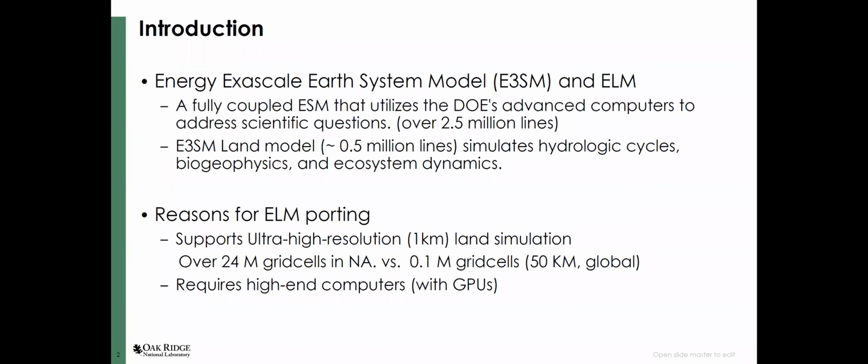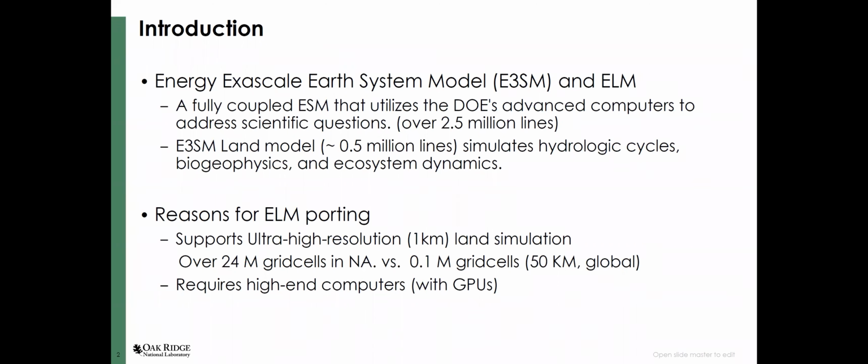To give a general idea of how big this simulation is computationally compared to the current state of the art high resolution land simulation: the current simulation we're using is roughly 50 kilometers by 50 kilometers resolution around the globe, which is around 0.1 million grid cells. You can think of it as a small land unit.